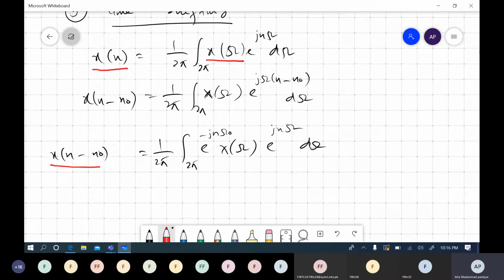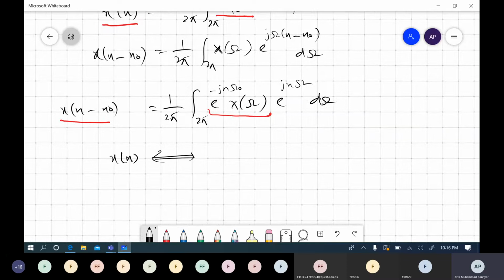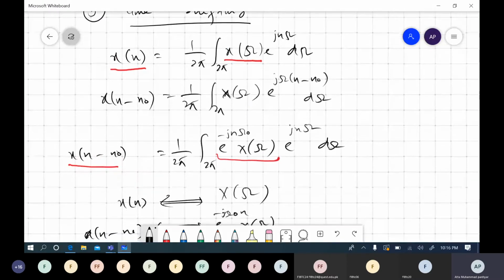But if it is shifted by n naught, then the associated spectrum is multiplied by e to the power minus j omega n naught. So in short, if we have x of n signal and its DTFT is x of omega, then if you shift this signal by n naught, that must appear as a factor e to the power minus j omega n naught times x of omega, right? So time shifting.